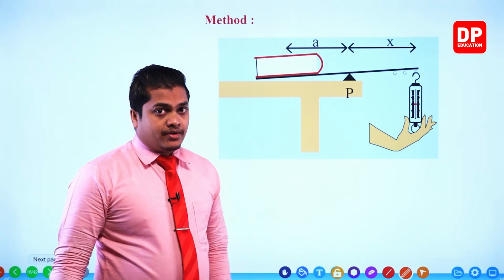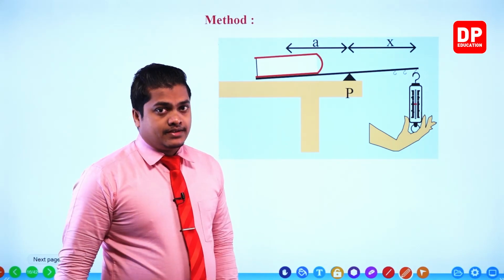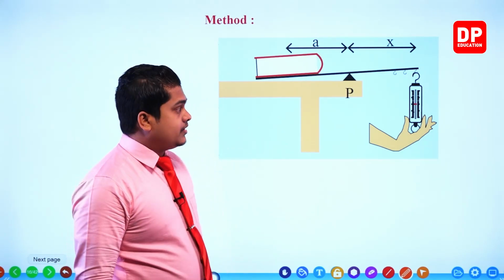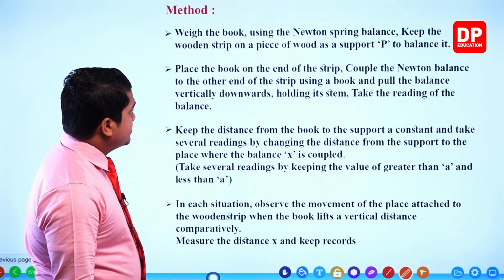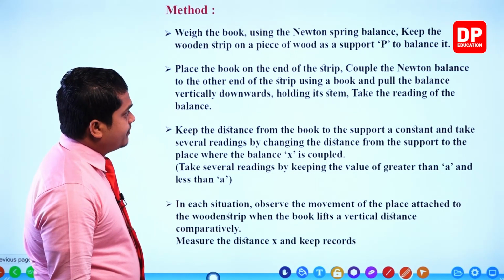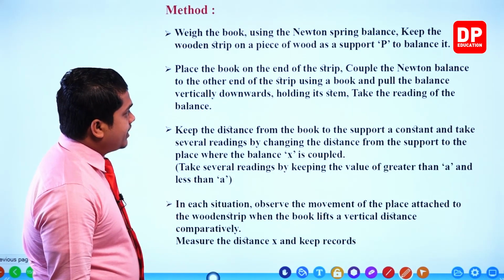You can use a tabletop for it. Then, my dear children, you have to balance it like this. Place the book on the end of the strip. Couple the Newton balance to the other end of the strip using a book and pull the balance vertically downward.